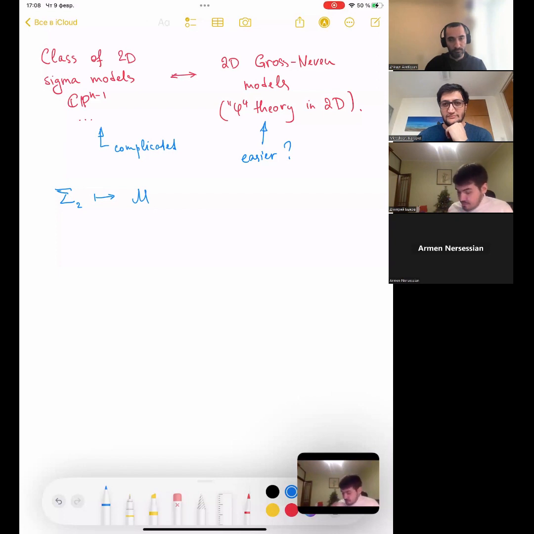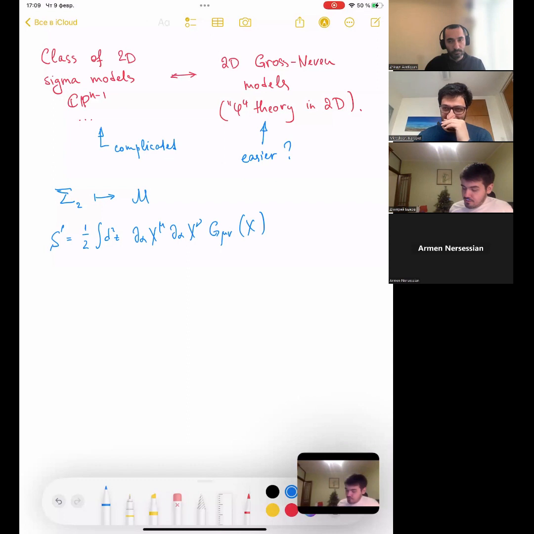Yes. So in the simplest case, the action is the integral of G d x d x, where G is the metric and X are the maps. z is the coordinate on sigma 2, so there is also coordinate z bar. It's a Riemann surface.